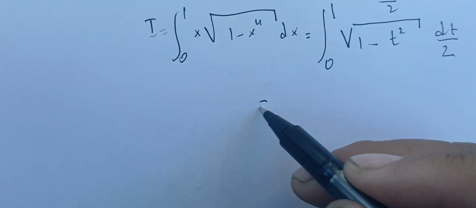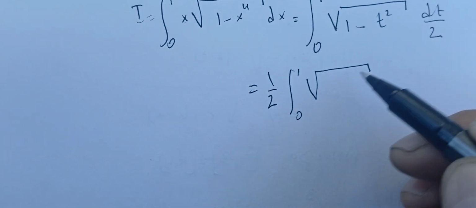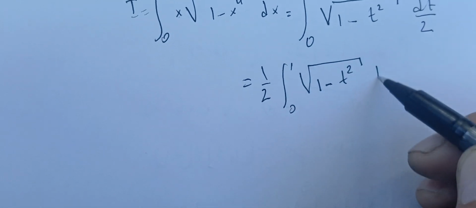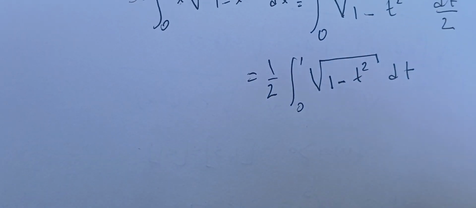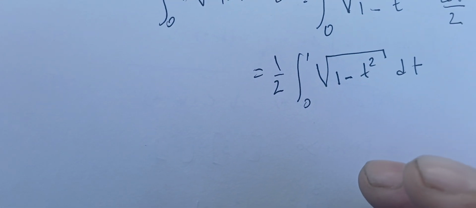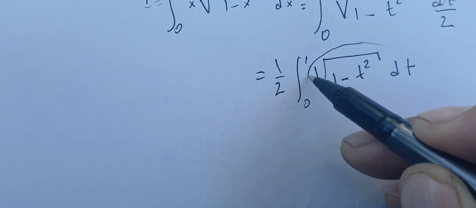Therefore, we can take the 1/2 outside, and we're going to have the integral between 0 and 1 of the square root of 1 minus t squared dt.